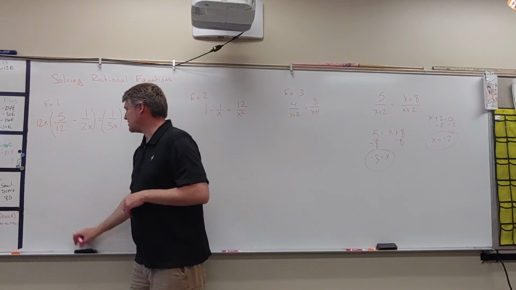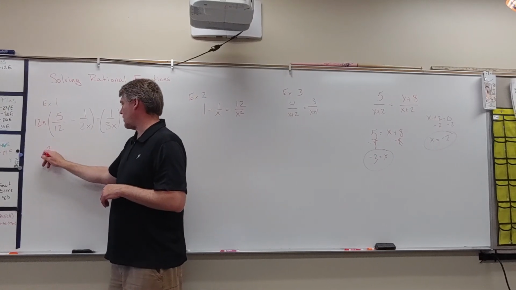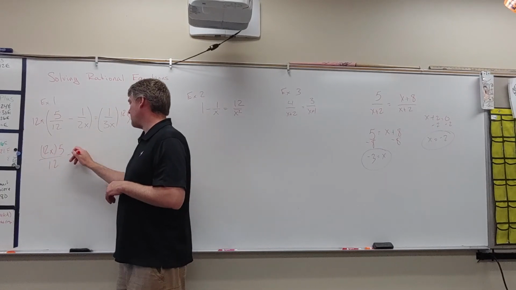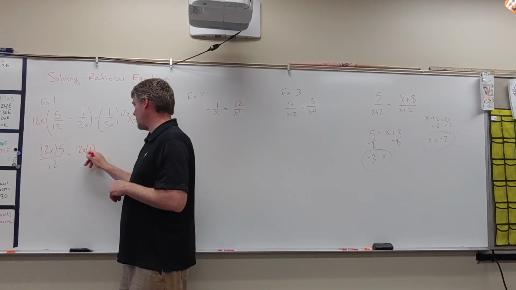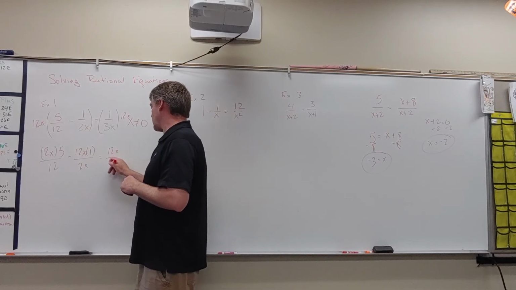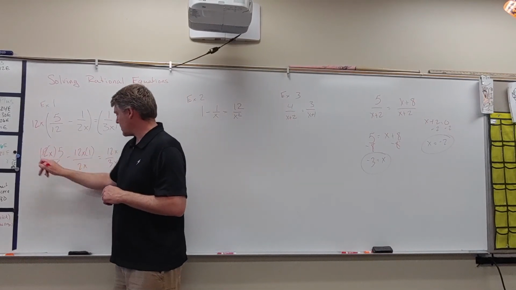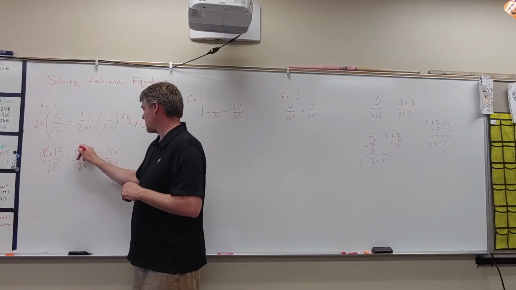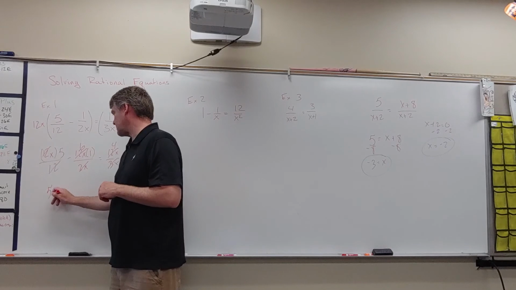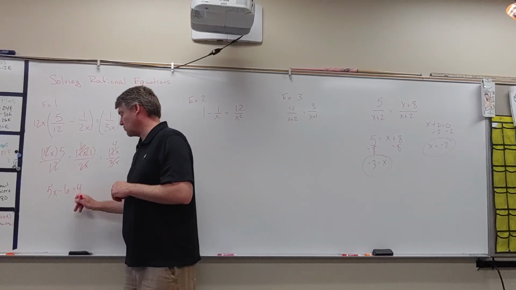Well, let's do this all out. So this becomes 12x times 5 over 12 minus 12x times 1 over 2x equals 12x over 3x. And then we're just going to cancel out here. And so I end up with 5x minus 6 equals 4.